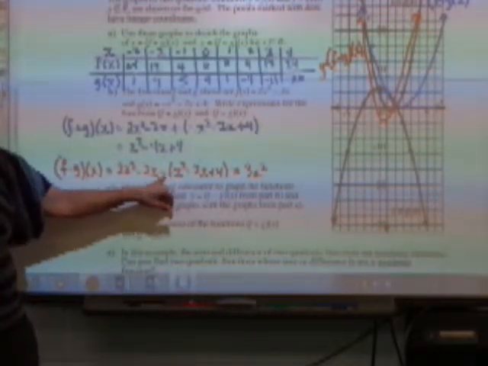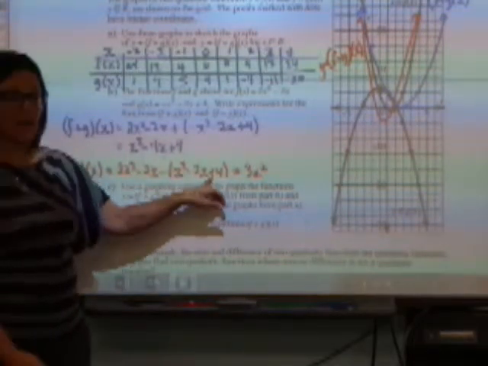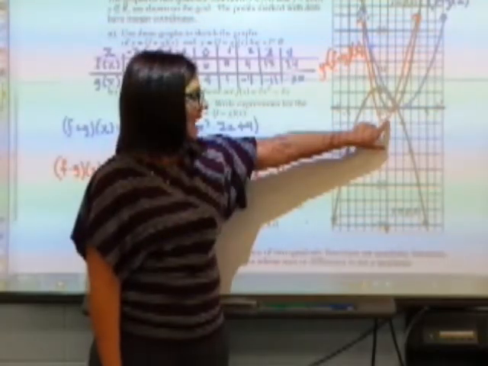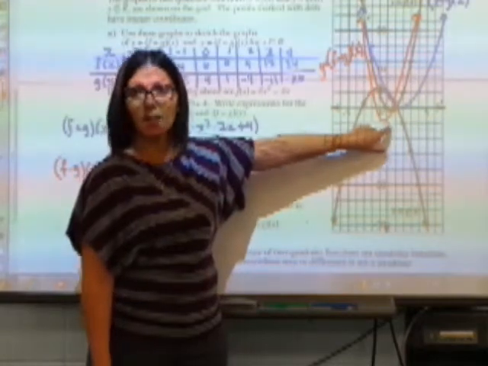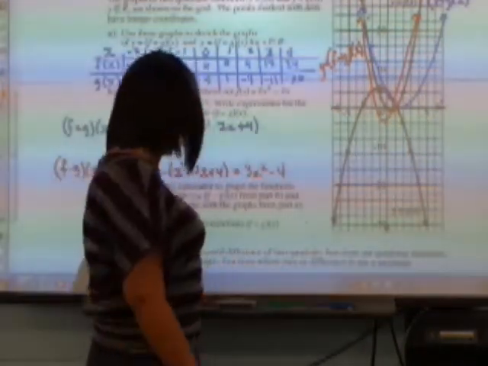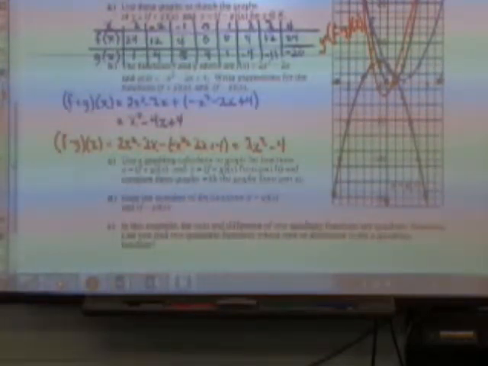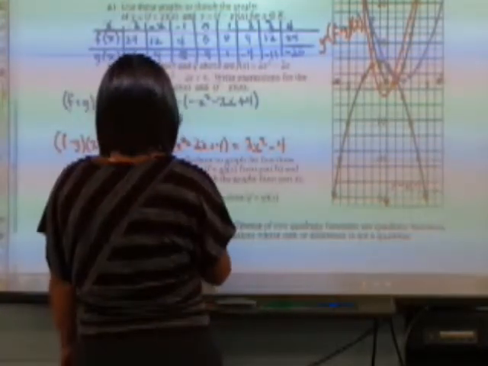And then I've got negative positive 4. So I would get minus 4 in that case. And I can double check it in that it has to cross the y-axis at negative 4. What are the domains of these two functions? X can be any element of the real numbers. So X can be a real number.